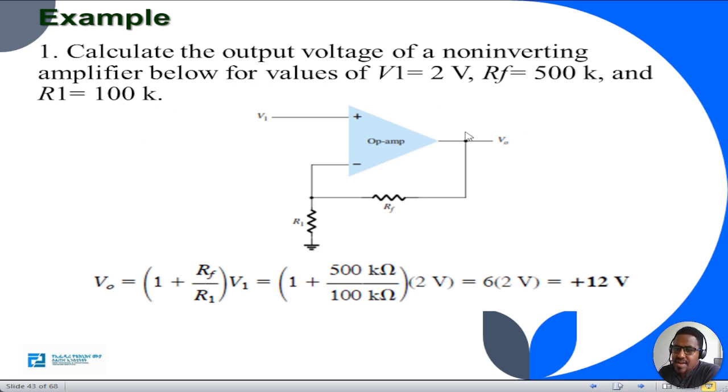To determine V out, V out equals 1 plus RF over R1, multiplied by V in. So this becomes 12 volts. Our output becomes 12 volts. Our input is 2 volts, which is positive, and the output also becomes positive because our op-amp is a non-inverting amplifier.